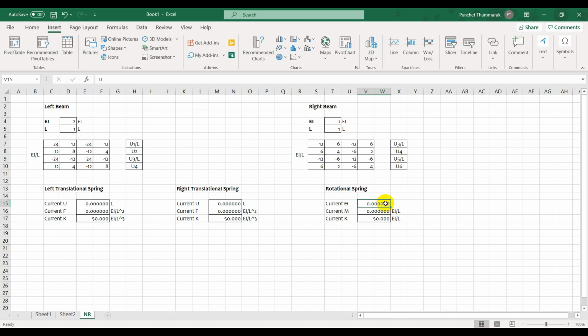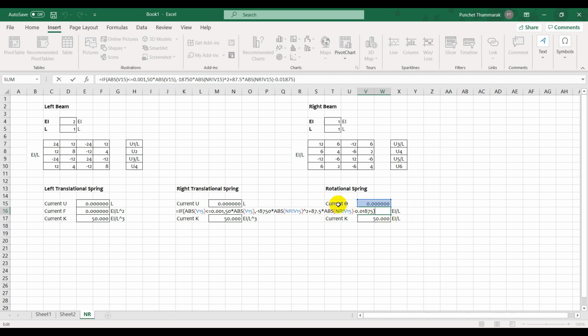The thing is that the theta is whatever the m.